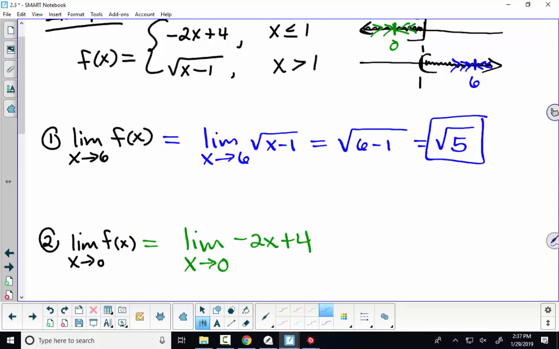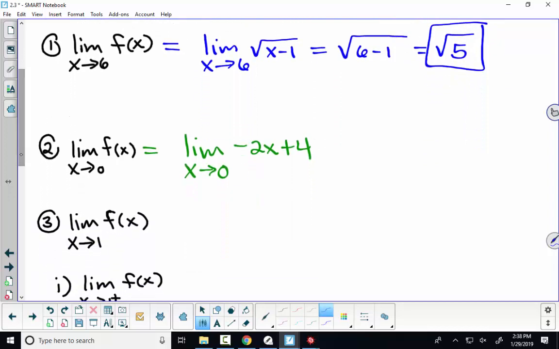It's a point because the bottom piece is completely defined when x is 6. How about the limit as x goes to 0 on negative 2x plus 4? That limit is equal to 4. Again, that is a point as well, because it's totally contained in the first piece, the top piece.